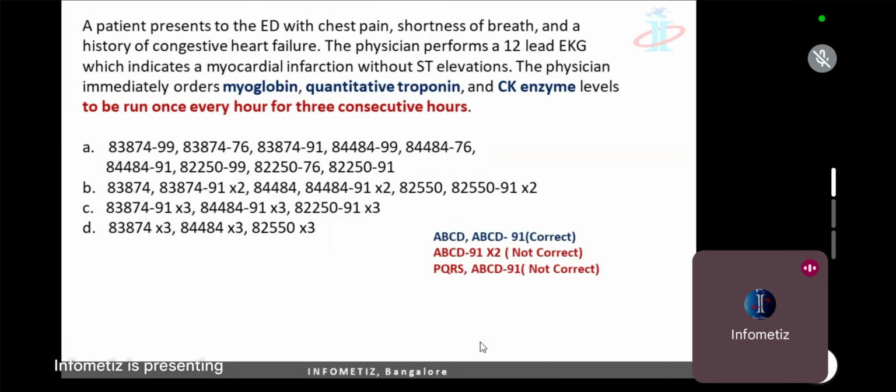A option cancel. You cannot use 76. You cannot use 99. Okay, I did not read the question even. B option also cancel.